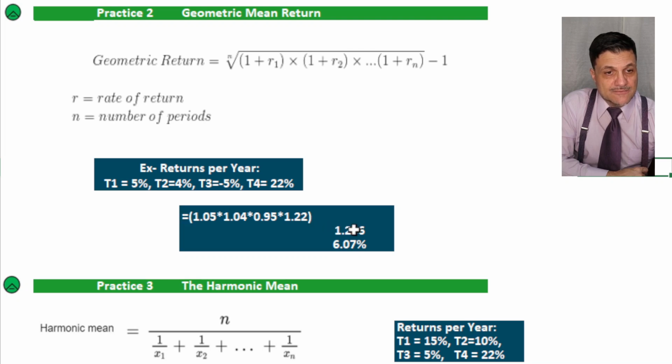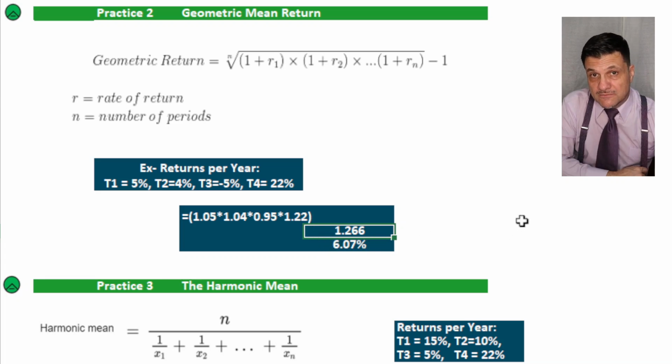Multiply, and you get 1.266. Then you have to average this. How many years do I have there? 1, 2, 3, 4. So I raise it to the power of 1 divided by 4.